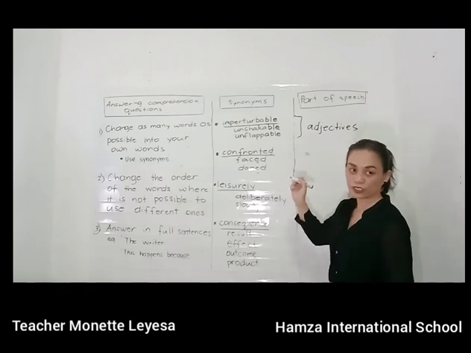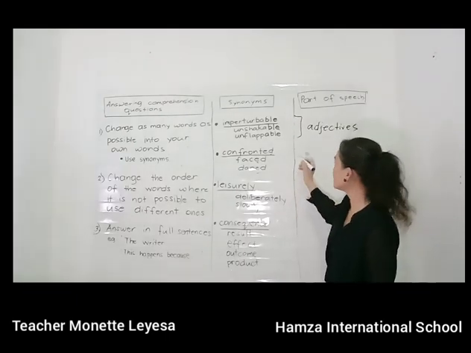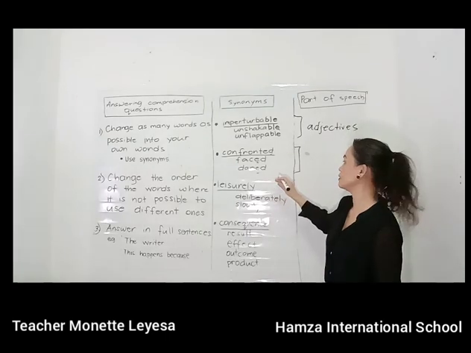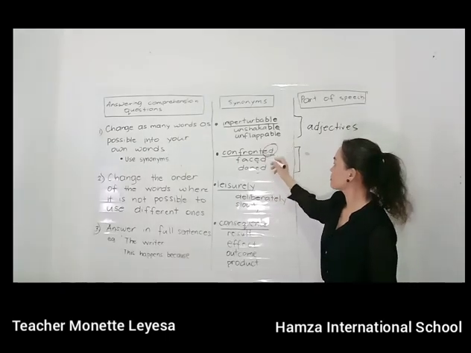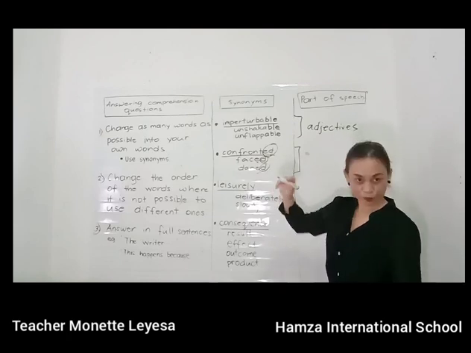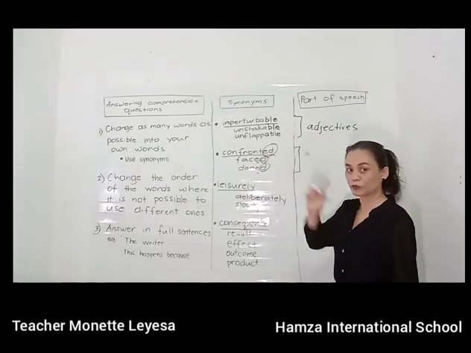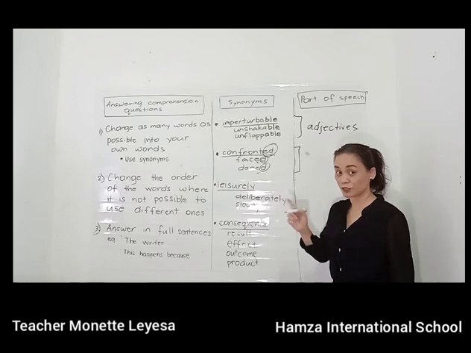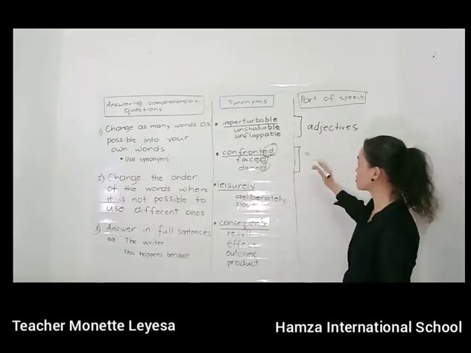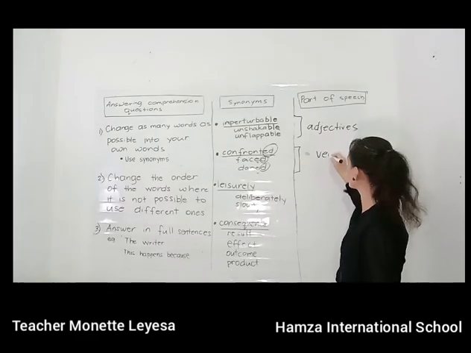These are words that describe. The next group, let us look at the end part of this. Just by looking at this, we automatically know, because we are familiar with the different parts of speech, that these are verbs.